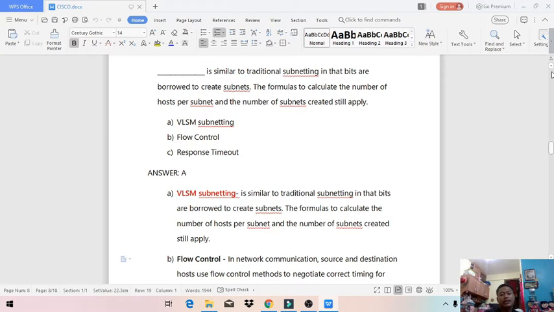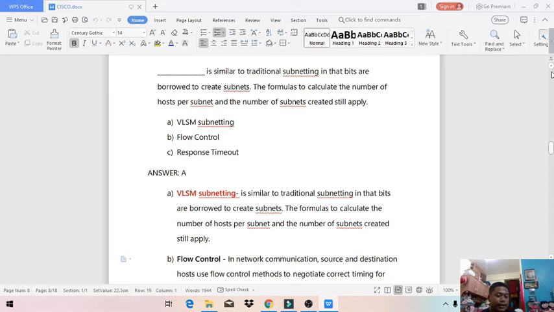Blank is similar to traditional subnetting in that bits are borrowed to create subnets. The formulas to calculate the number of hosts per subnet and the number of subnets created still apply. Letter A is VLSM subnetting, letter B is flow control, letter C is response timeout.